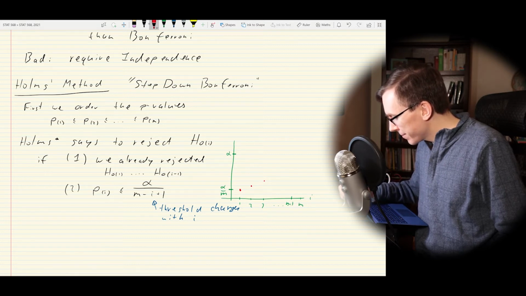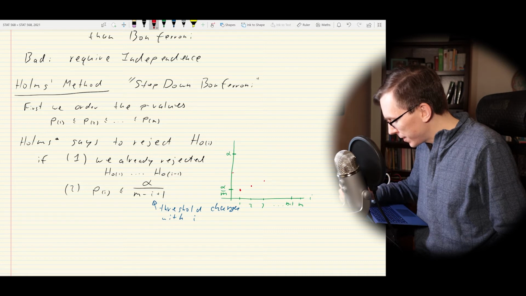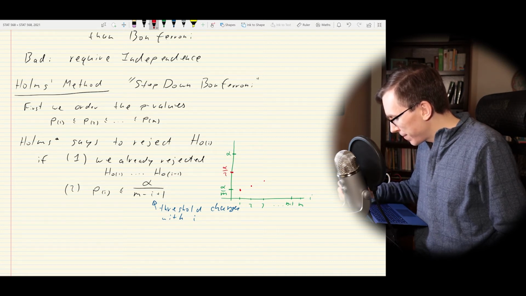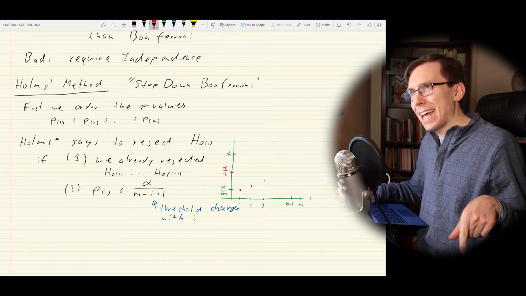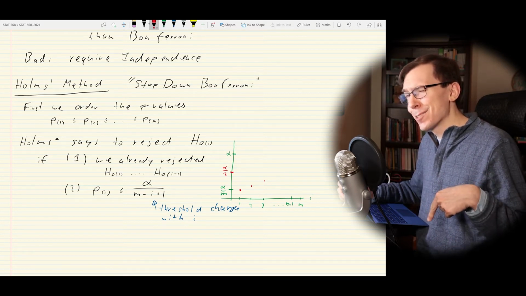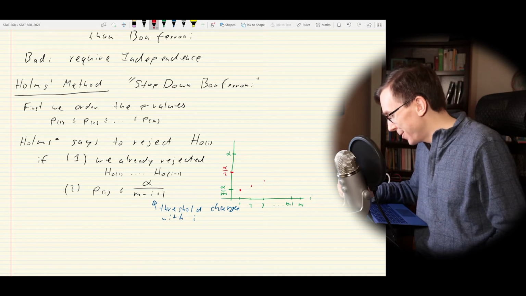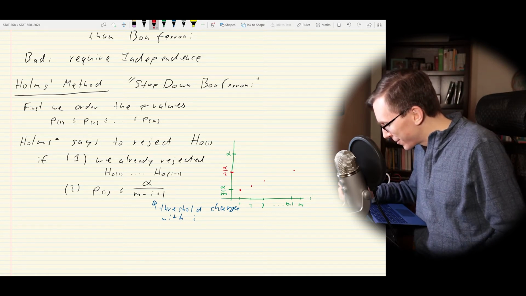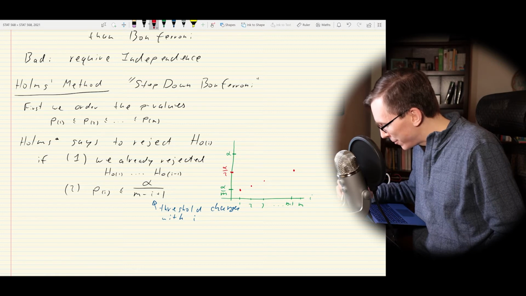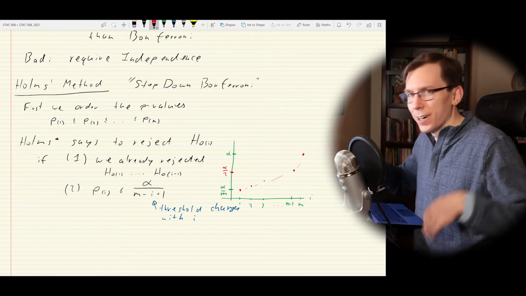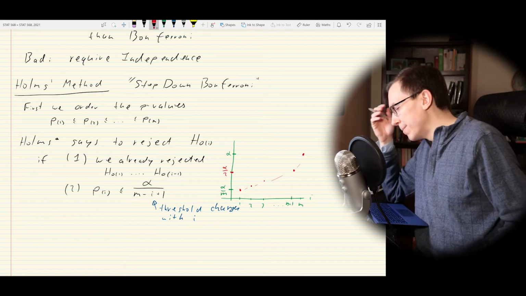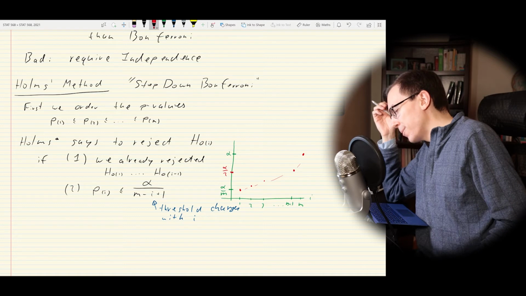Eventually, at m minus 1, m minus 1 plus 1 is 2, so you end up with an alpha over 2 here, and then you end up with an alpha for the final p-value. It's not very well drawn, but it would actually look a little bit more curved than the way that I drew it.